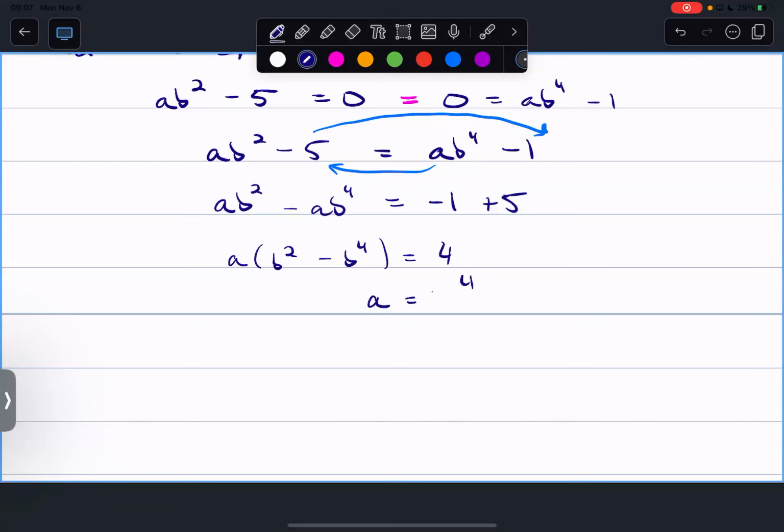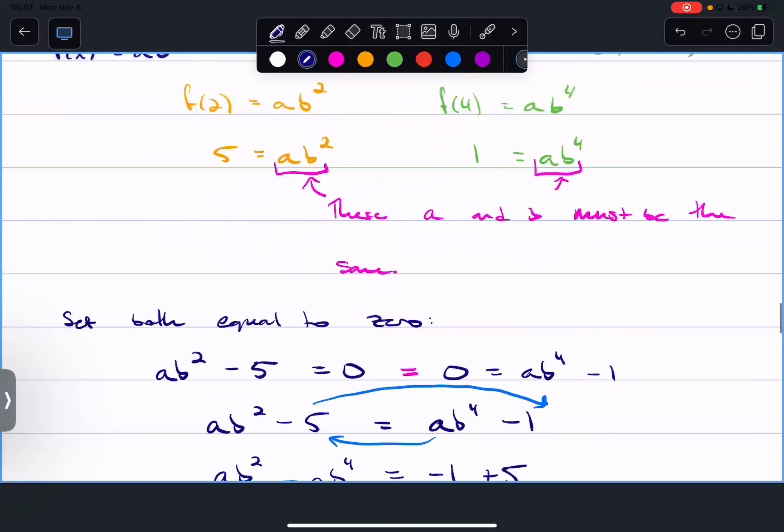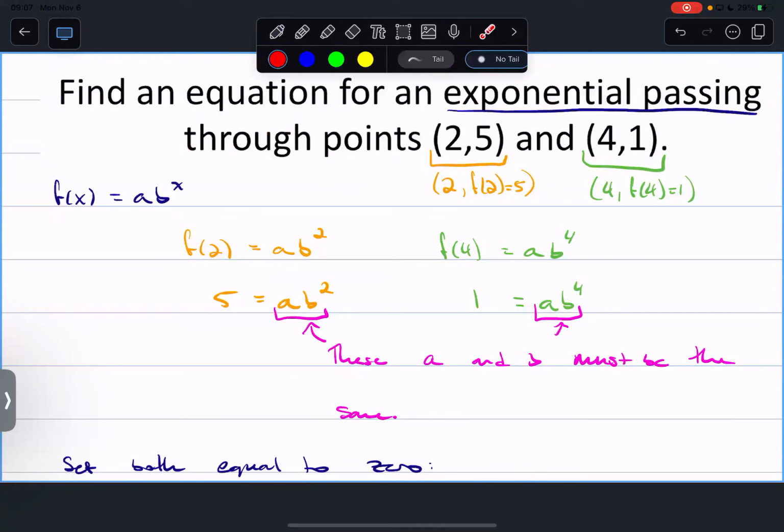A is 4 divided by b to the power of 2 minus b to the power of 4. Okay. Then what? Now I have this A, good. It doesn't matter which one you use here, right? But what you're going to do is plug in A is equal to 4 over b squared minus b to the 4. And then your only variable here is b, which you'll be able to solve for.